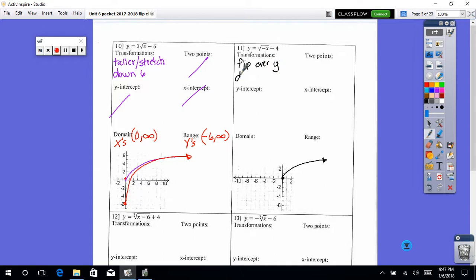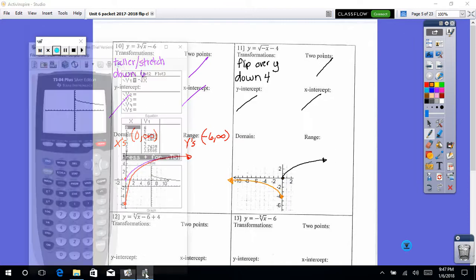Okay, and then it's going to go down 4. So I'm going to take him, I'm going to move him down 4, and instead of pointing to the right, he is now going to point to the left. So there's your picture. Let's check ourselves.